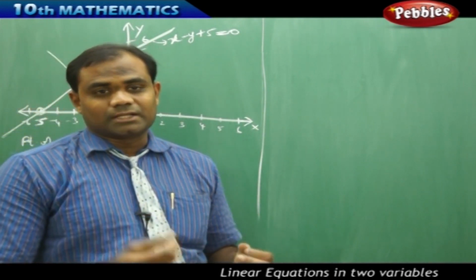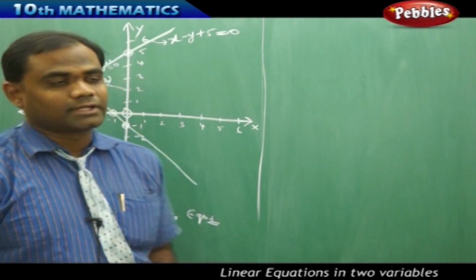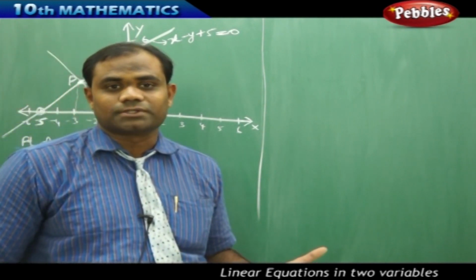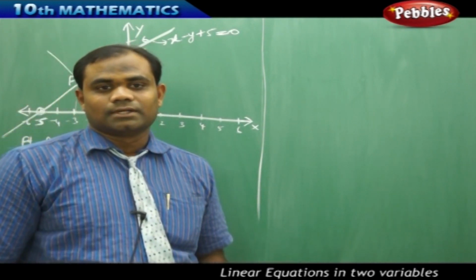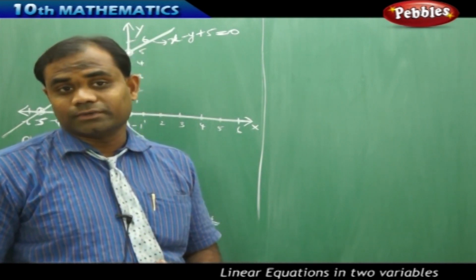Now this makes me understand different cases of solutions. For example, if the two lines do not intersect, then what is the status of the solutions of those two lines? If the two lines are coincident, then what is the status of the solutions of the equations?